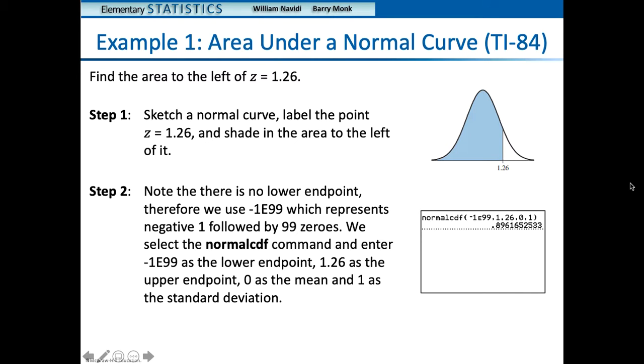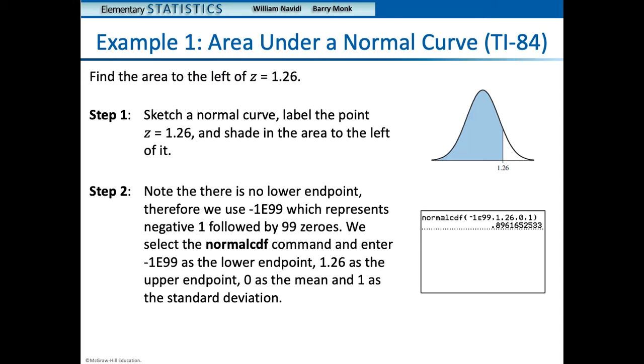So in your calculator, we don't really have a way of inputting infinity. So we approximate infinity by putting in either a really big number or a really small number, right? So the left endpoint, we represent that with -1e99, which represents -1 followed by 99 zeros.